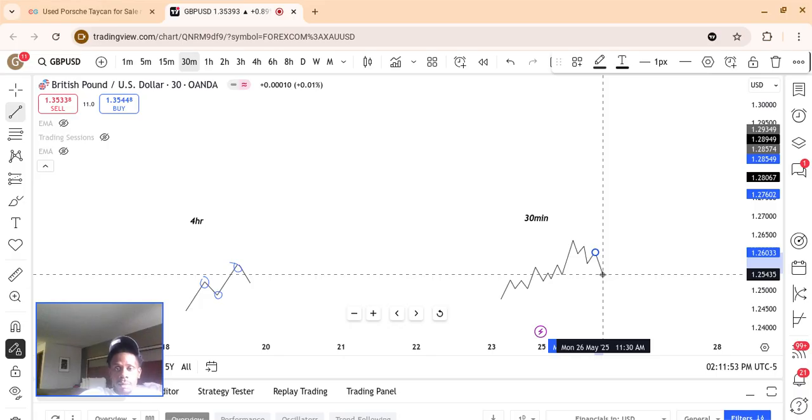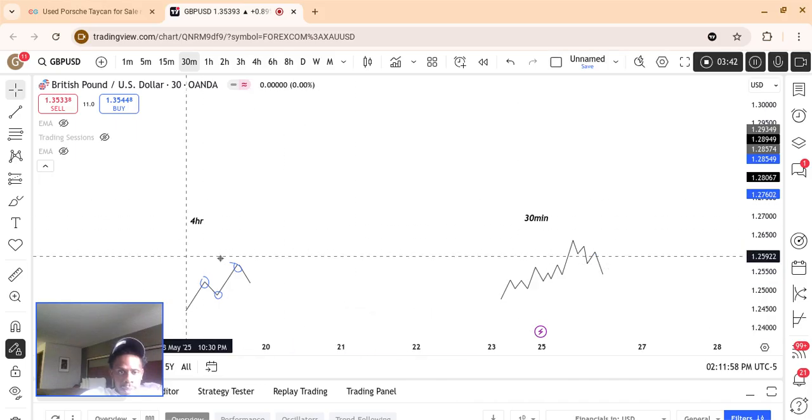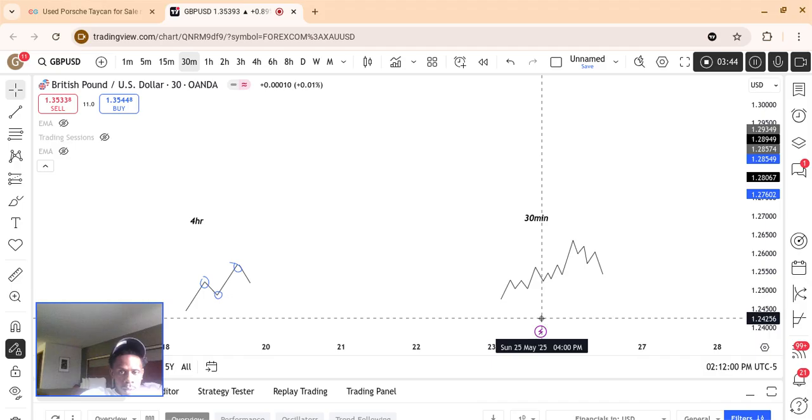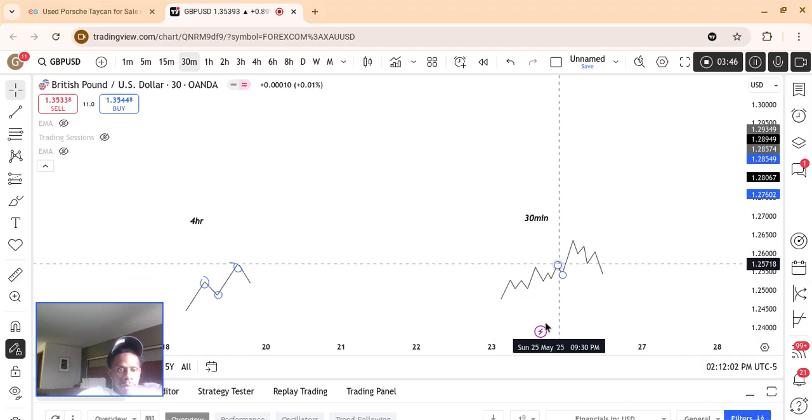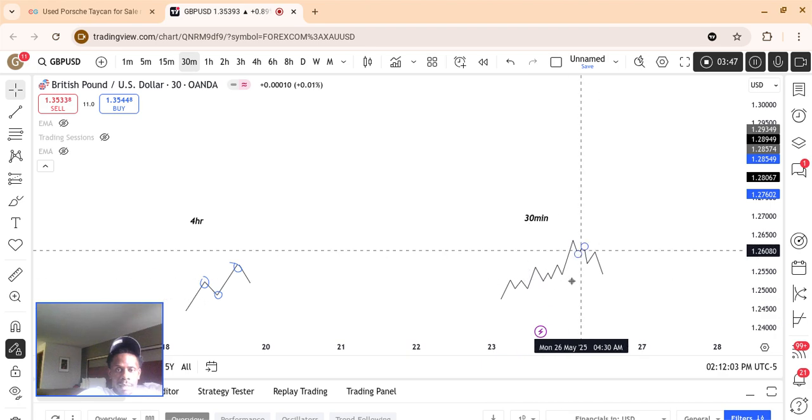That's the thing, price could pull back steep. So this right here on the 4 hour is going to look almost 90% of the time something like this on the 30 minute.